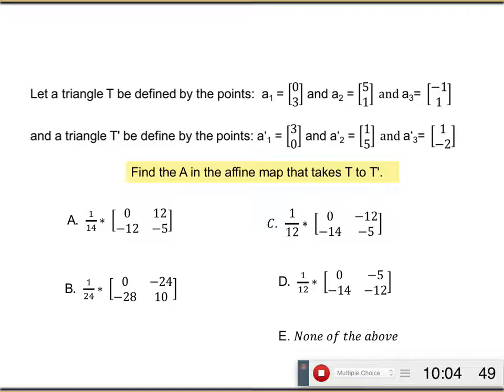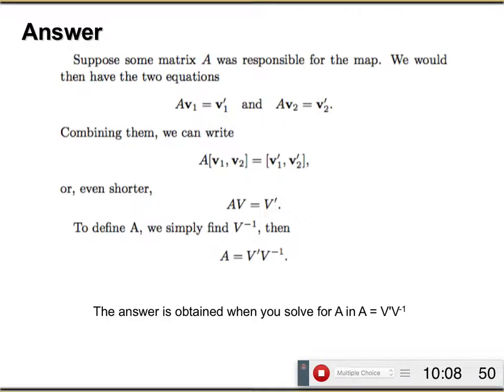Okay, so our answers are all over the place, and even though everyone's not there, I'm going to start talking about this, because you didn't have your book, and depending what you had in your notes. So you're trying to figure out the map that's going to map one triangle to the other. So if I think of my triangles, and I'm actually going to draw my triangles sort of funny, I'm not going to close them. And these are not necessarily the right numbers for this problem.